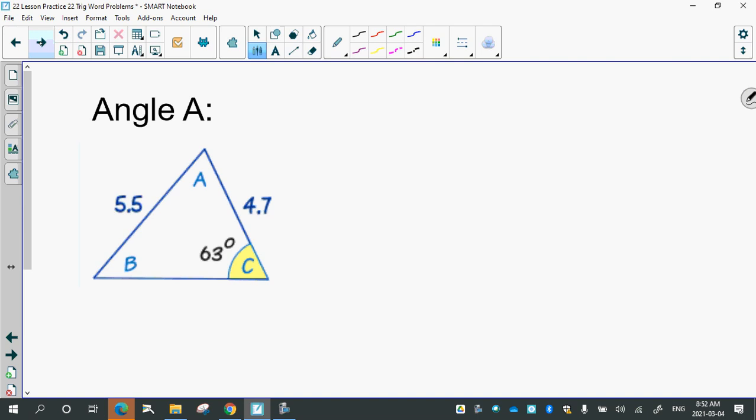Okay, so I see quite a few people realize that they're forced into finding angle B first. Very good.